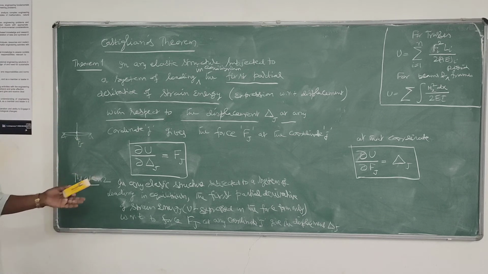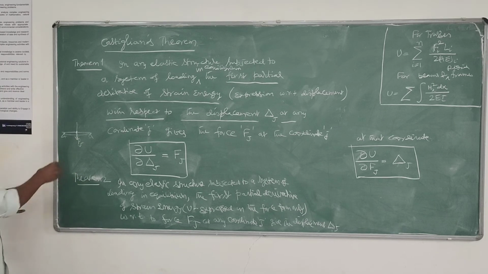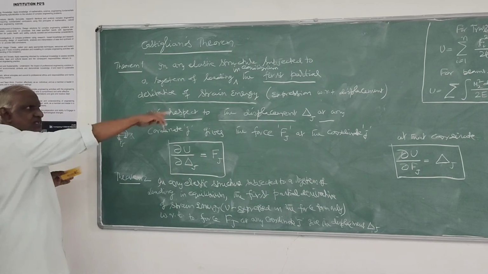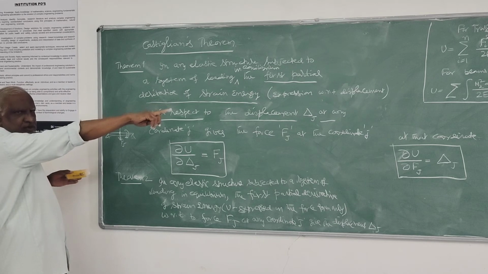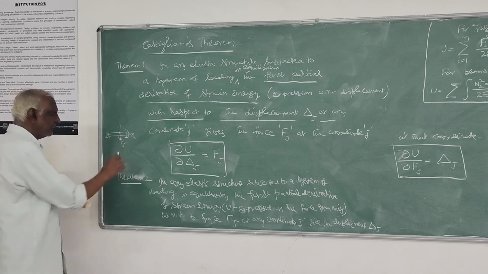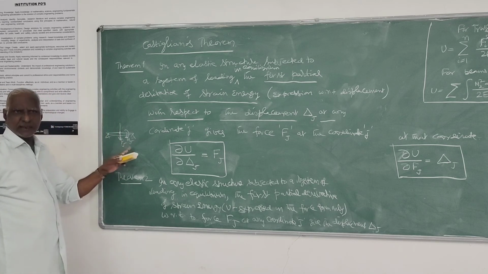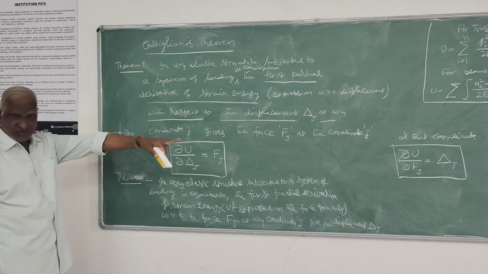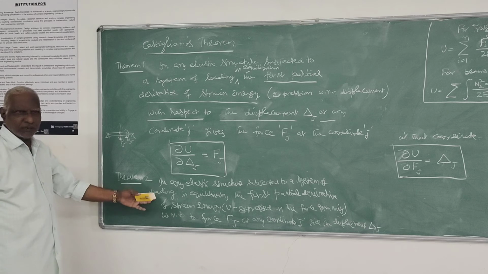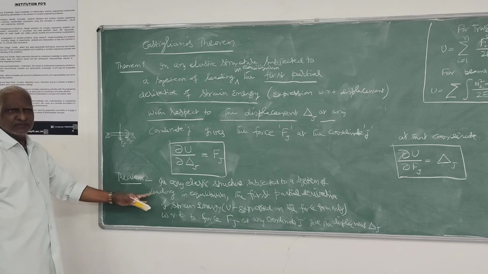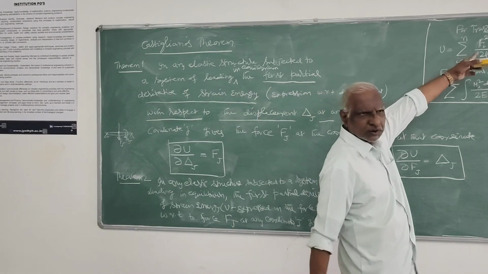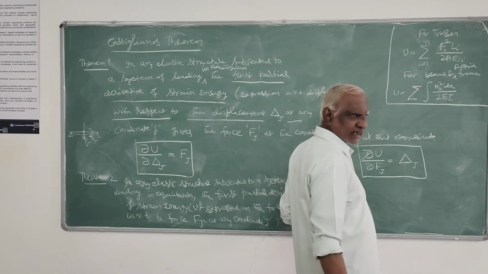If you want slope, you apply a moment Mj at that point, get the total strain energy using the expression in terms of force, then take the first partial derivative with respect to Mj. You will get the slope theta j. When you take up the problem, this will be very clear. Otherwise, straight away you can use this expression for the second theorem.